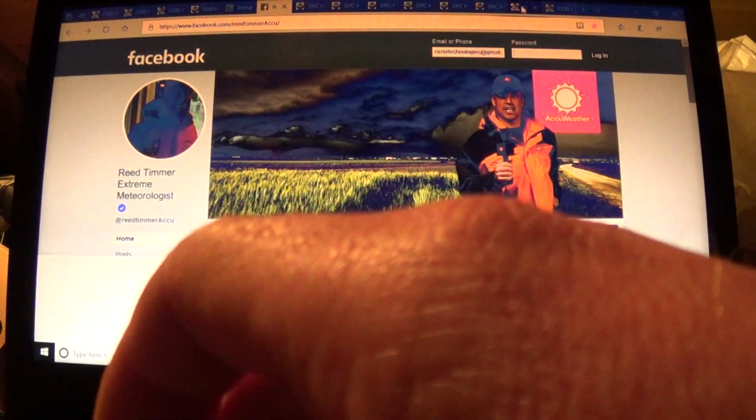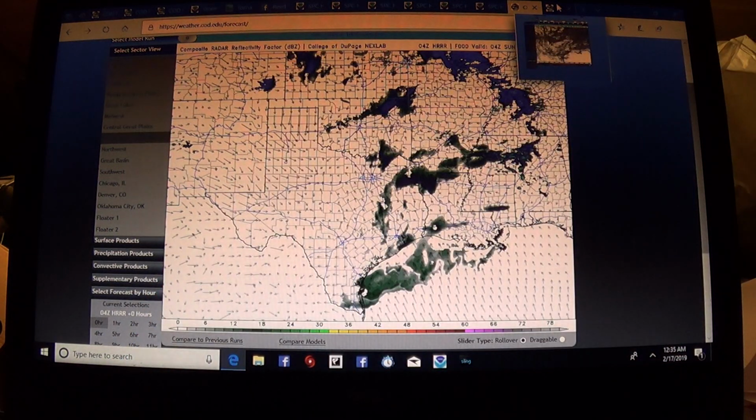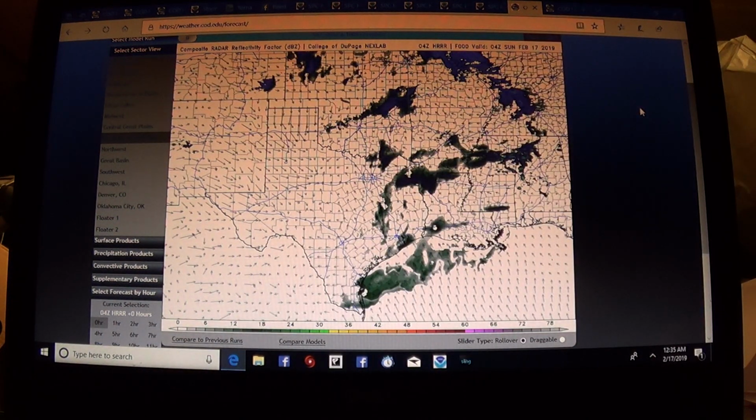And then what else do I look at? I might switch to the HRRR, shorter range, to see what the forecast radar is showing, to make sure that there's precipitation that's going to occur in the environment, and to see what type of mode, if it's going to be supercellular or not.